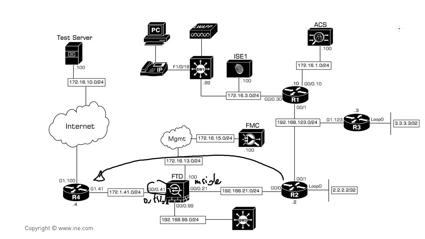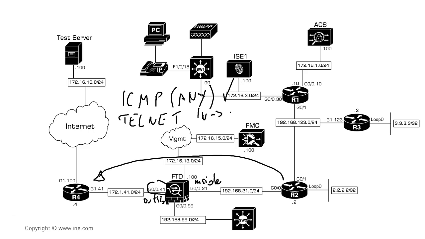Because of that, the example I'm going to show you now is going to be really straightforward. We will want to allow ICMP communication from anyone to anyone, in any direction. And we will want to allow telnet packets, let's say from the inside to the outside.